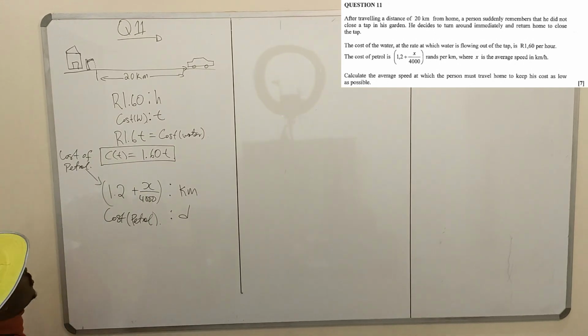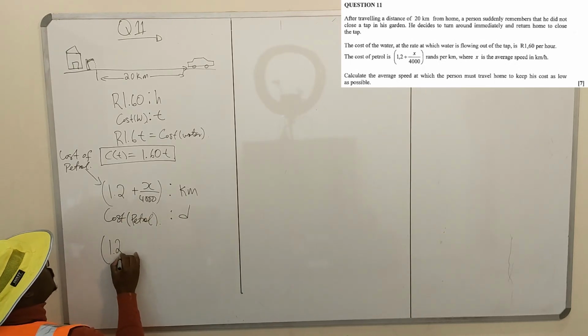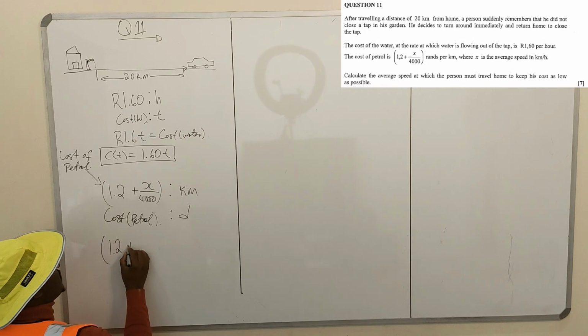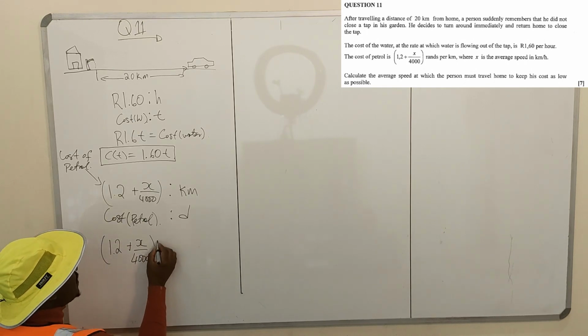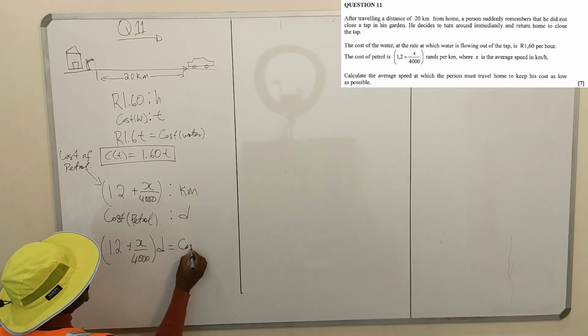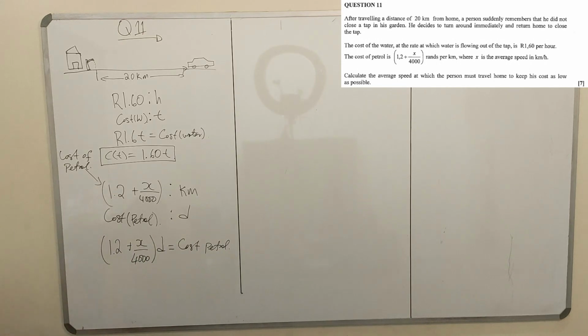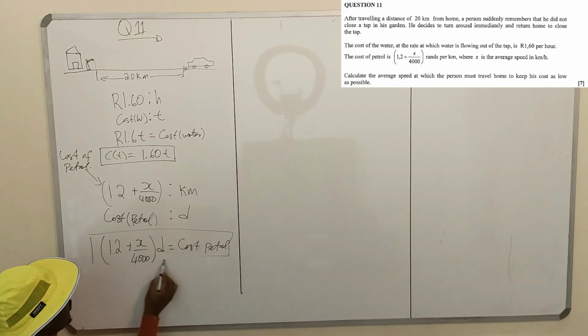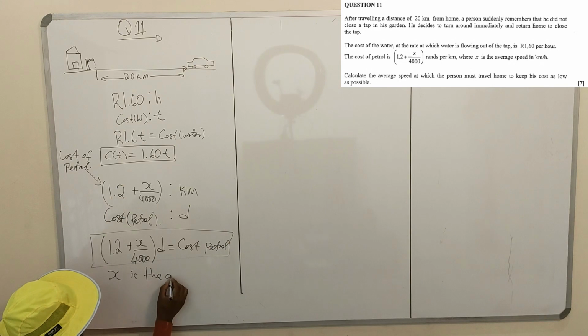The cost of petrol is, say this times that, we have 1.2 plus x over 4,000 times d is equal to the cost of petrol. This equation here gives you the cost of petrol after a certain distance, where x is the average speed.